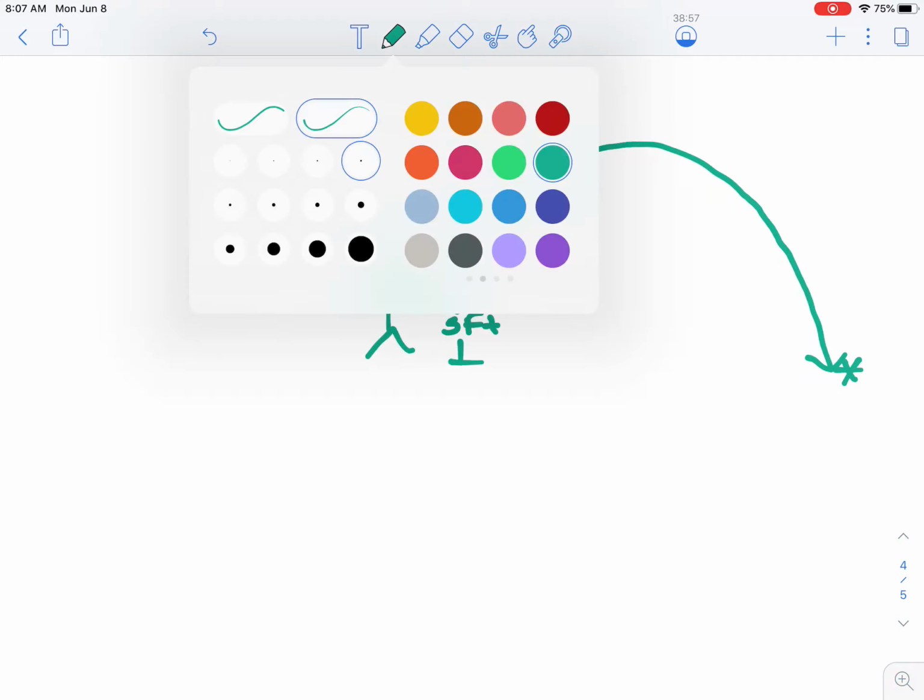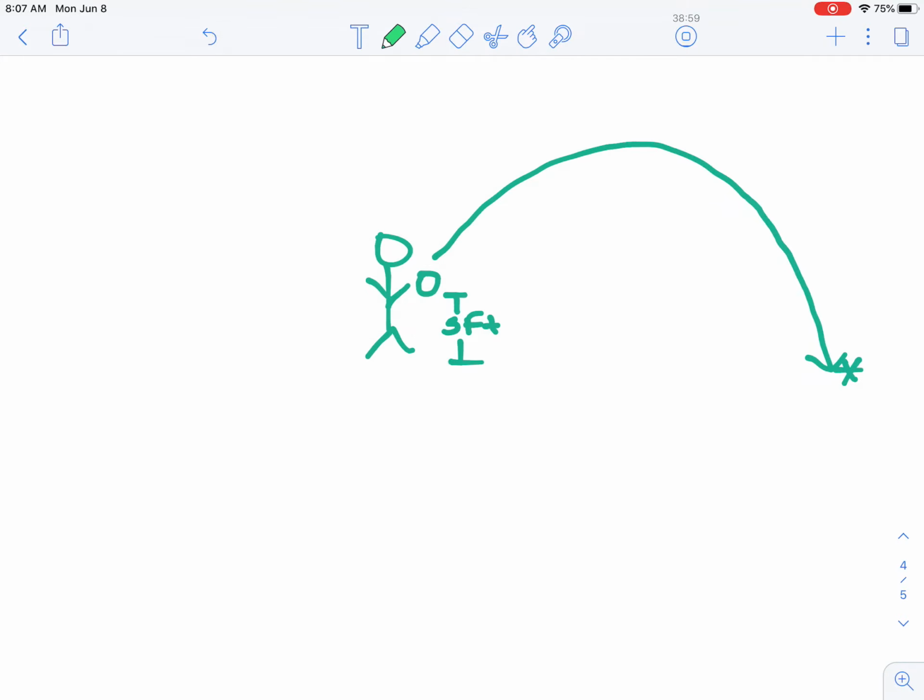So some information that we need to understand is that the angle theta from the horizontal is 60 degrees, and the initial speed that this is leaving her hand is 145 feet per second, okay?